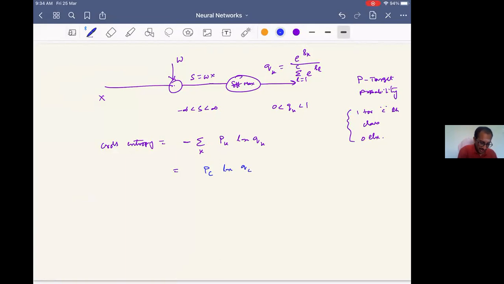But what is QC? Some of you have written like this and then didn't substitute. So the cross entropy here is PC, which is 1, times negative ln of e power sc over the summation, L equal to 1 to C, of e power sl.